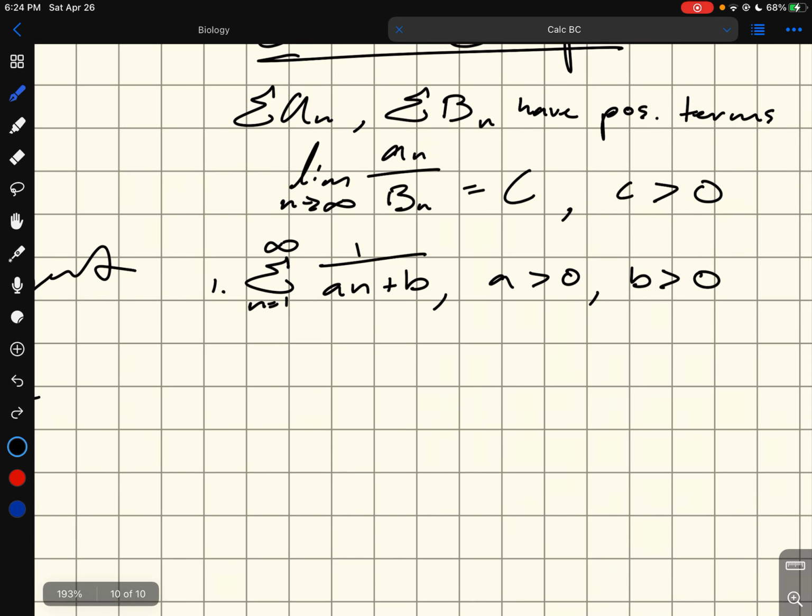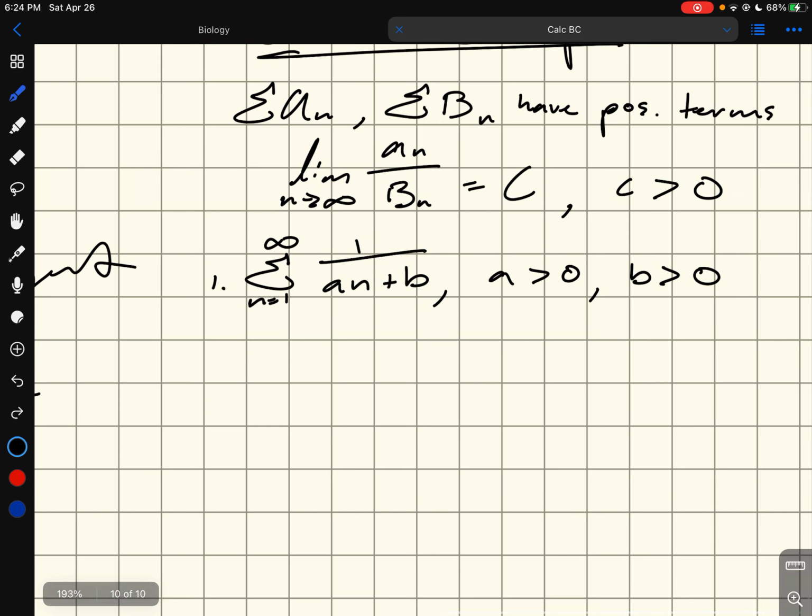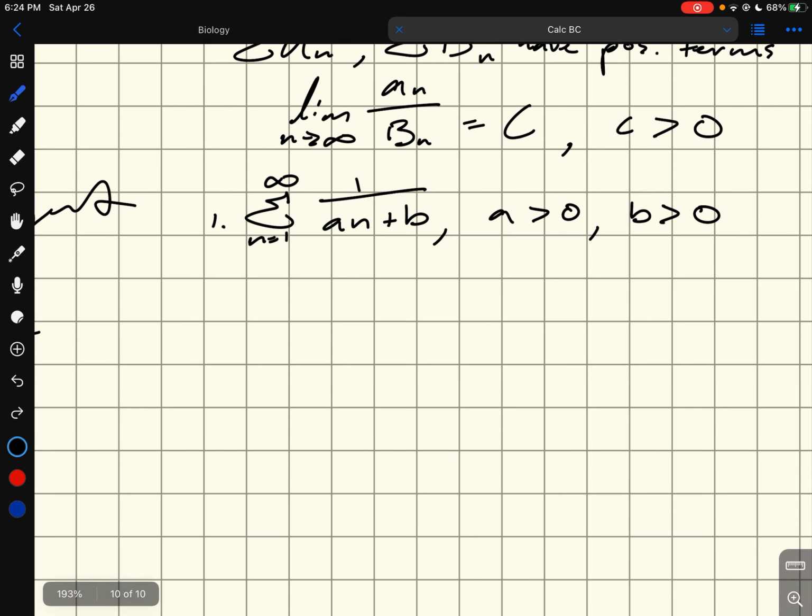To do that, you want to take this at its barest minimum, without any numbers or constants, just the variables. a and b are just numbers, so essentially at the bare minimum it's just 1 over n. So we can compare this series with 1 over n.